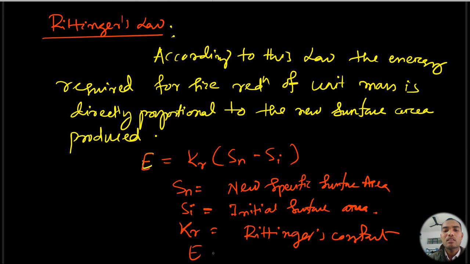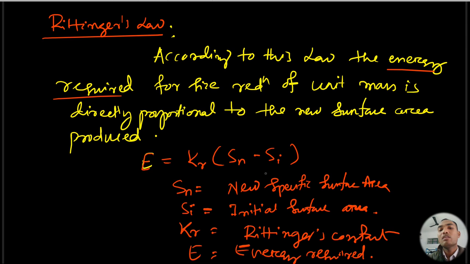E is the energy required to produce a new surface area from the initial surface area, that is Si to Sn. So this is what Rittinger's law suggests.